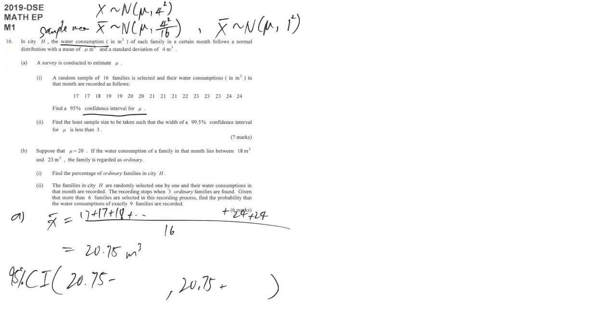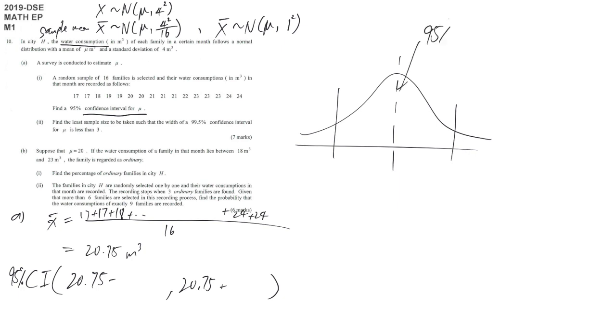The width depends on the accuracy here. The accuracy, they say 95%. By the standard normal distribution table, to include 95% in the middle part, that means each half here, we need to include 0.475.